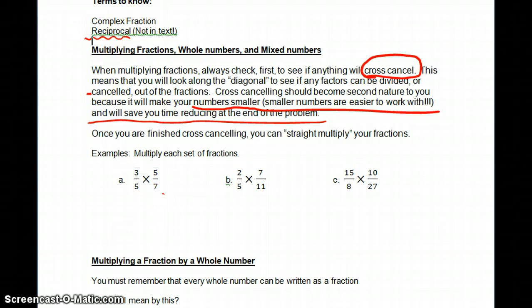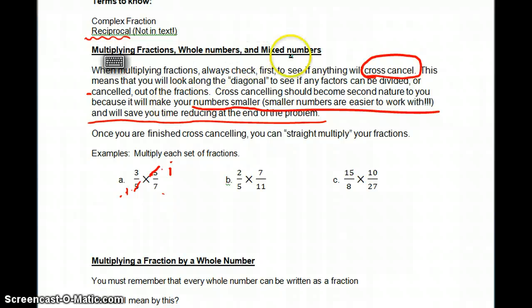Okay, now on the 5s, when you look on that diagonal, obviously we can divide 5 into 5. So when we do 5 divided by 5, they each turn into a 1. So because they are now 1s instead of 5s, your multiplication of fractions becomes much easier.